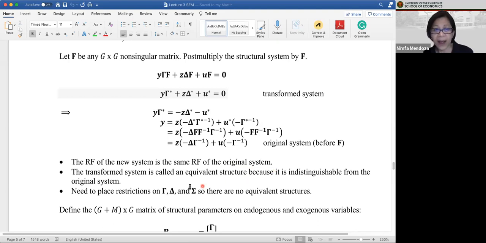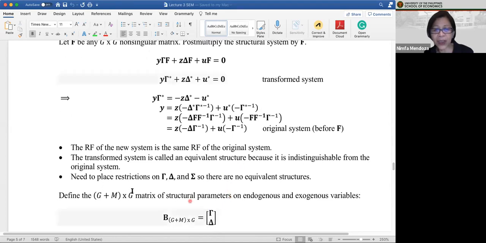Okay, since the transformed system is indistinguishable from the original system, we say that the transformed system is just an equivalent structure. Okay, so it does not give you any new information. So for identification, we need to place restrictions on gamma, delta, and sigma, so there are no equivalent structures.